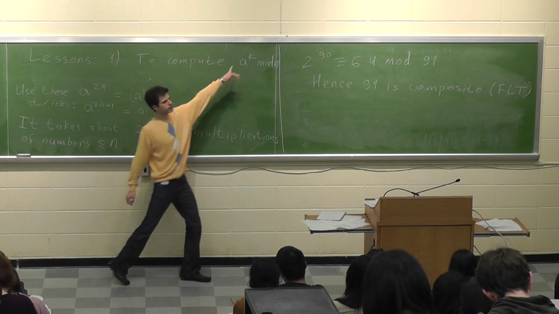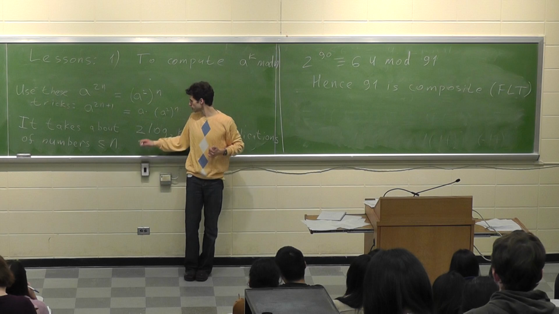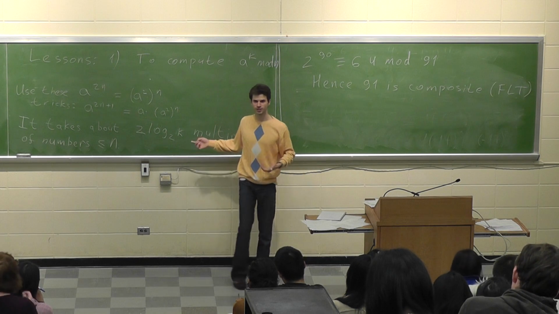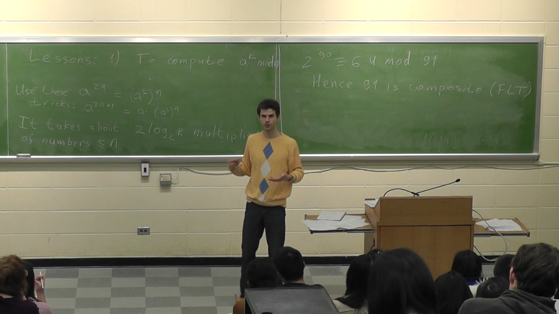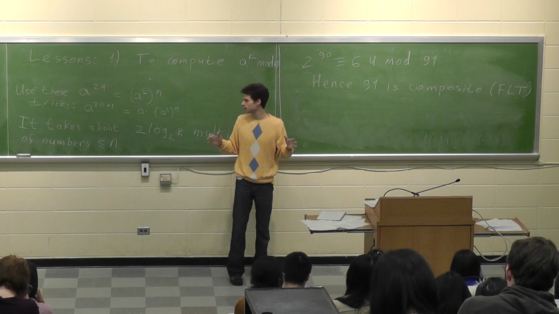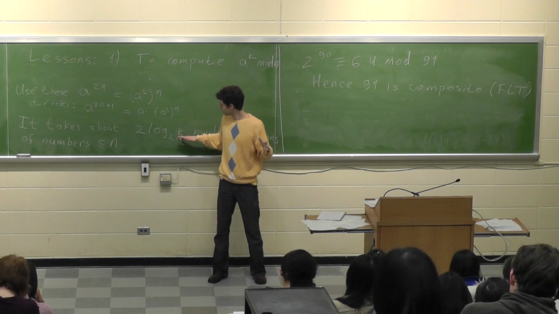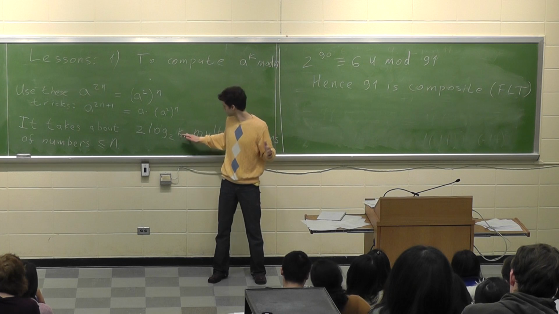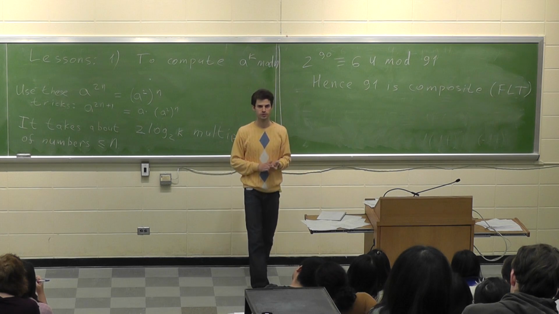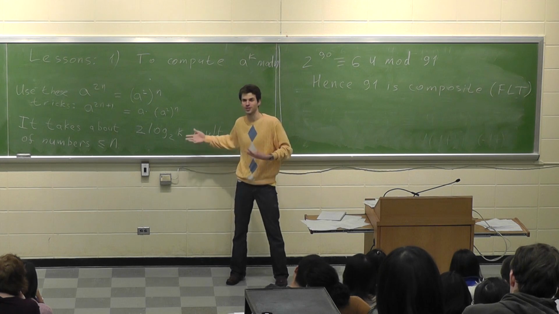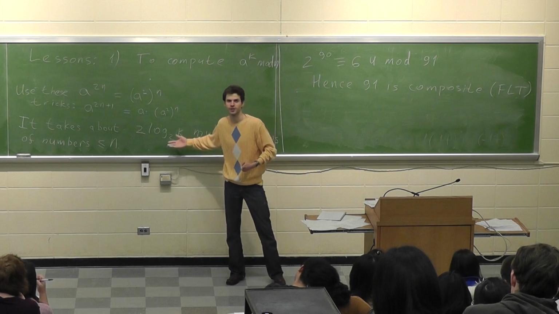So instead of performing k multiplications, we can perform just log of k multiplications. If we are performing operations with, say, numbers with 100 digits, this number will be something like 300. So it's really fast. The computer can perform it really fast.